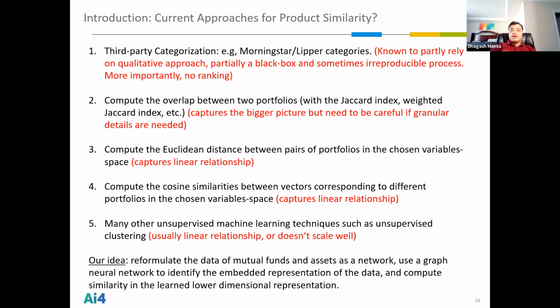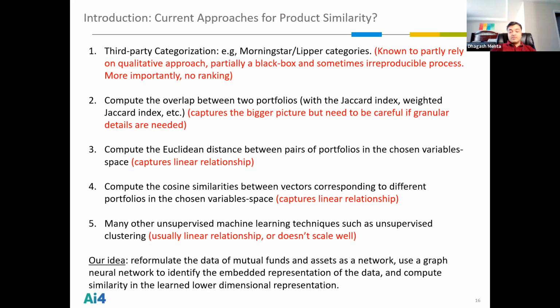Once I view this data as network data, then I can go to graph neural network techniques, graph machine learning techniques, and identify a lower dimensional representation of the whole big data set, in which the similarity computation would become easier in some sense.